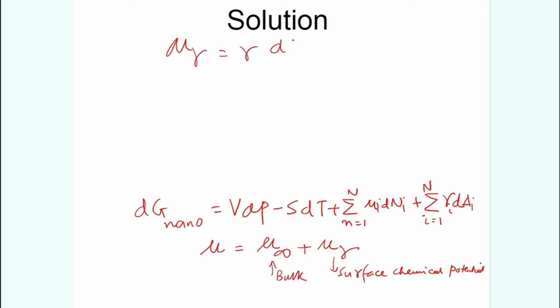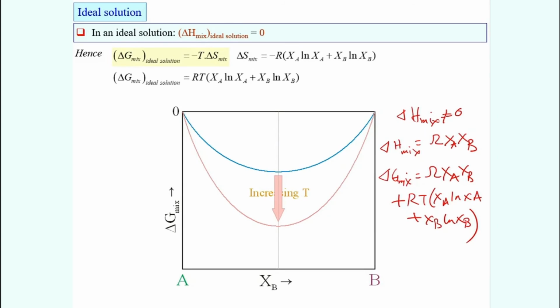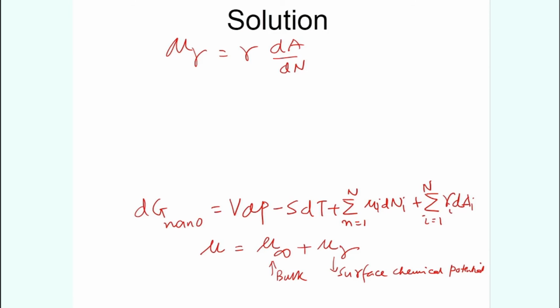Gamma dA by dN. That is obvious, it is coming from the equation which I derived. If I take gamma dA by dN, the del G by del N is nothing but gamma dA by dN. You remember, no? Mu is defined as dG by dN_i at constant temperature and pressure, where i is any component. So if I take that for nanoscale, it becomes gamma dA by dN, and gamma remains constant, right? Remember that.